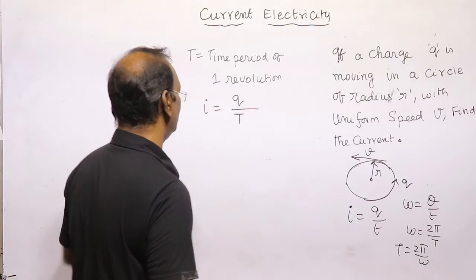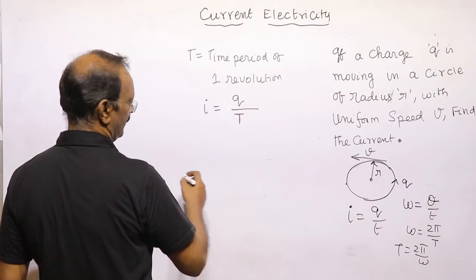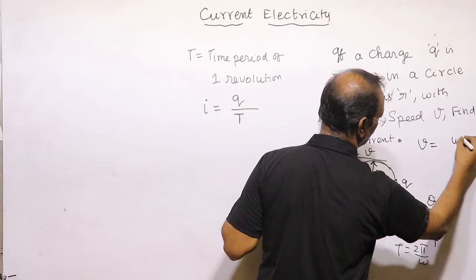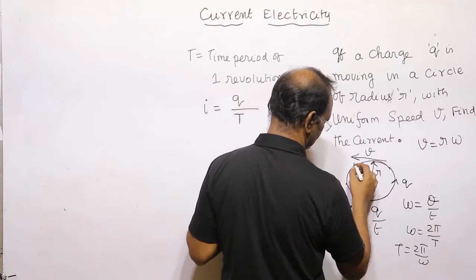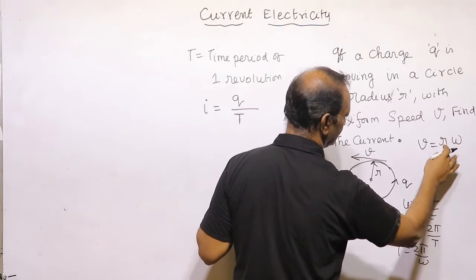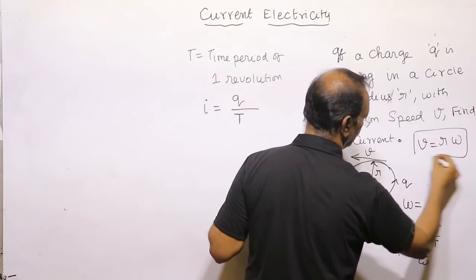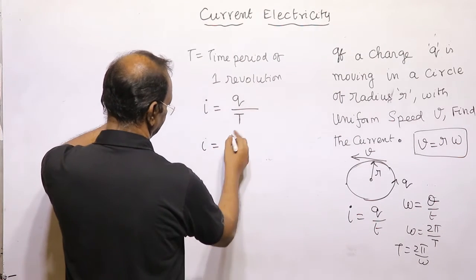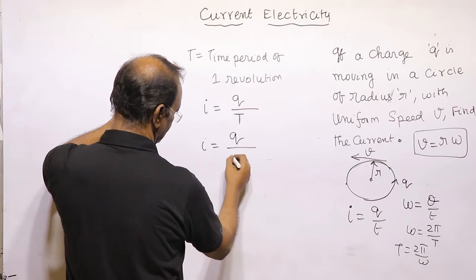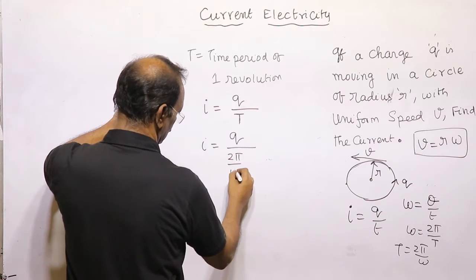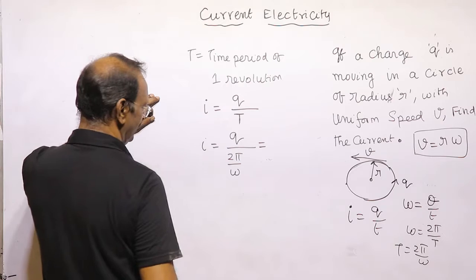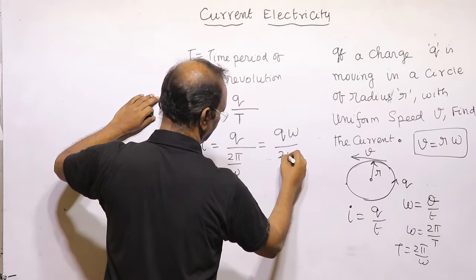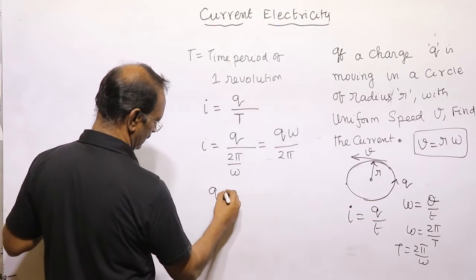So we have found T. We know the relation between linear velocity and angular velocity: v is equal to r into omega. So I is equal to Q divided by T, with T equal to 2 pi by omega, that is equal to Q into omega divided by 2 pi.